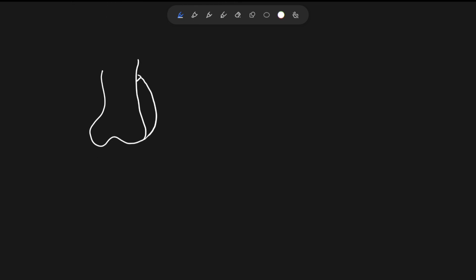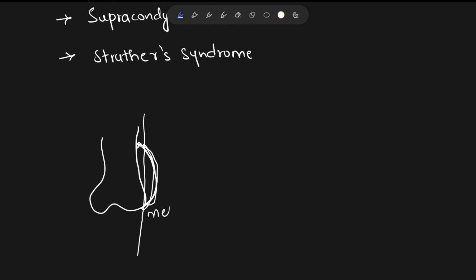There is one more tendon present from the posterior deltoid tuberosity in the humerus to the medial epicondyle, and because of that, over here we have the median nerve. Because of this ligament, the median nerve will get compressed and we will find Struther's syndrome, and this ligament is known as Struther's ligament.